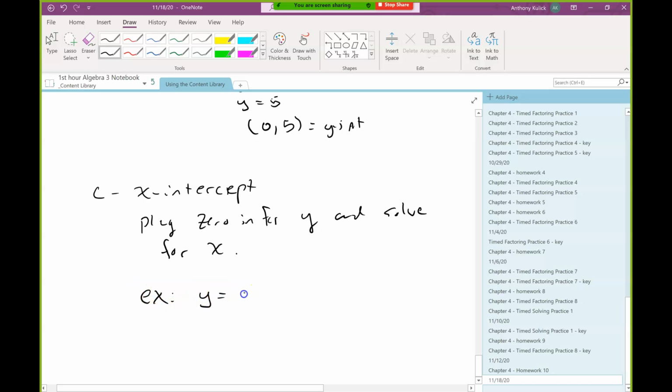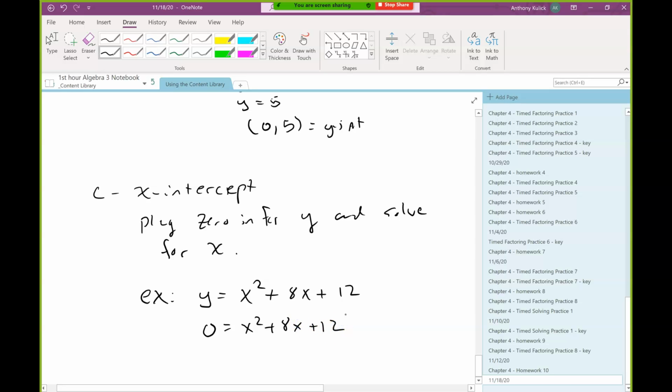So for example, let's say that we had this standard form. So we could plug 0 in for y.